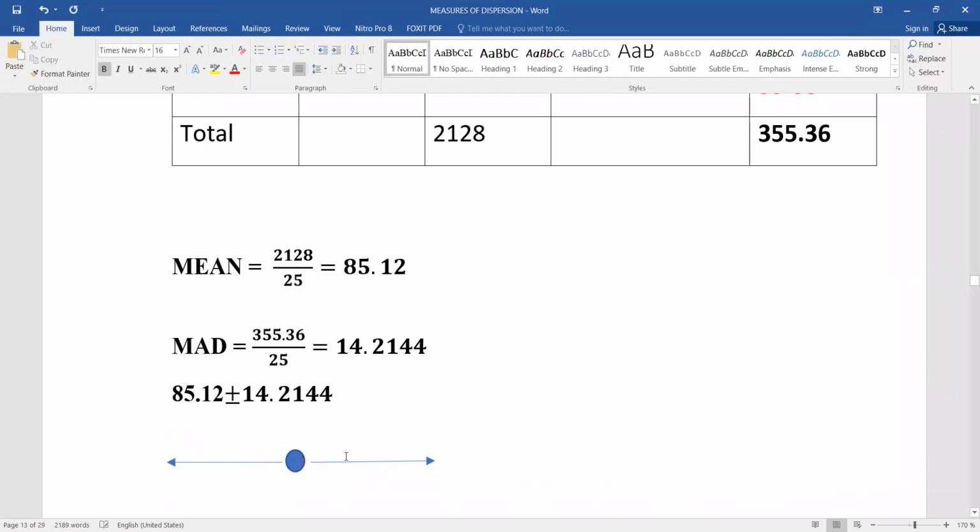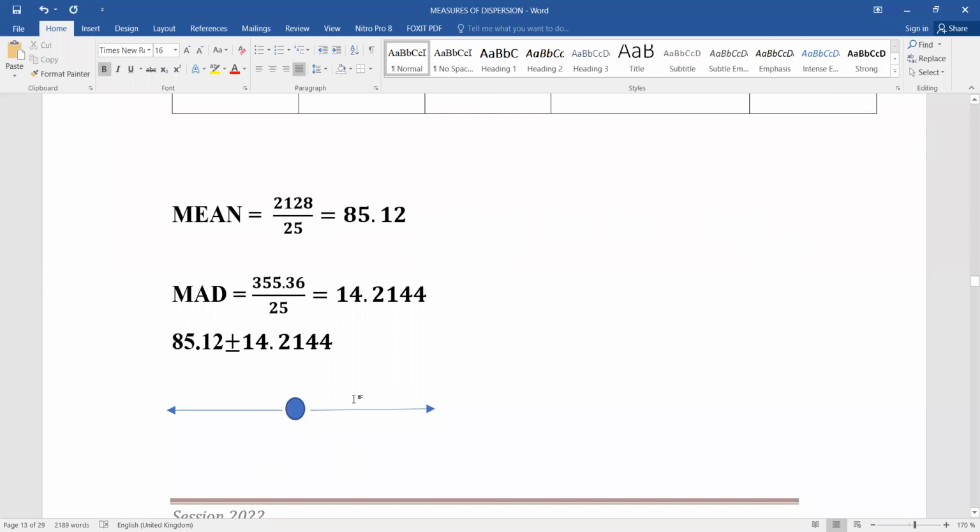So you can see that diagram. It is plus or minus. That is what we call the spread, and this is the central value. So this is how they spread, plus 14.2.